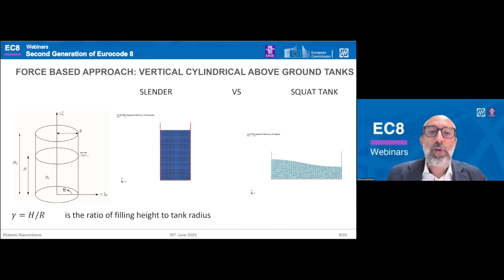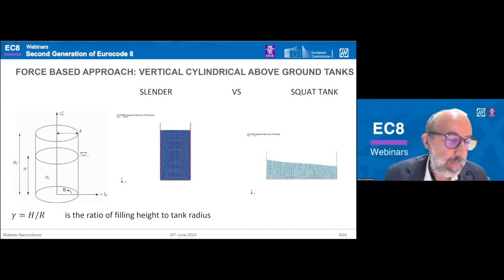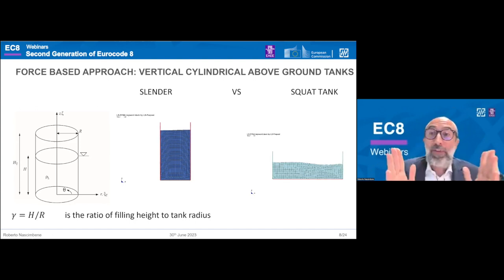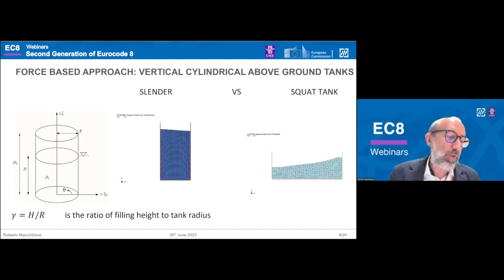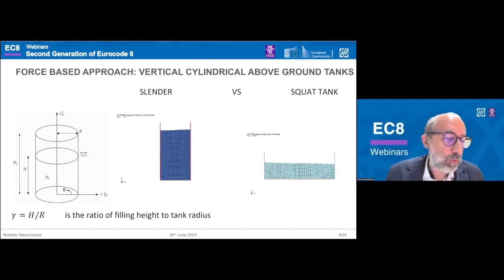Because it's important to notice that a careful observation of the response of the liquid contained in a cylindrical tank due to a horizontal motion, a horizontal acceleration, shows that the acceleration will induce in the upper part of the liquid a kind of vertical wave. This periodic variation of the height of the liquid at the opposite wall of the tank will induce a variation of the pressure on the wall and the bottom plate.